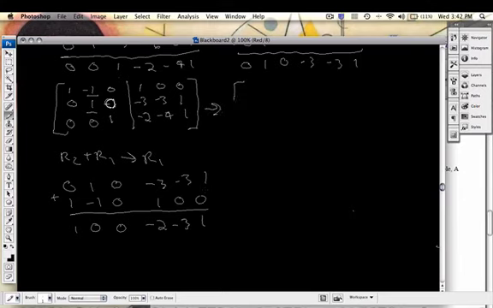And when I've got that, everything is in place. The left side has become the identity matrix, and so on the right, I've got my inverse.